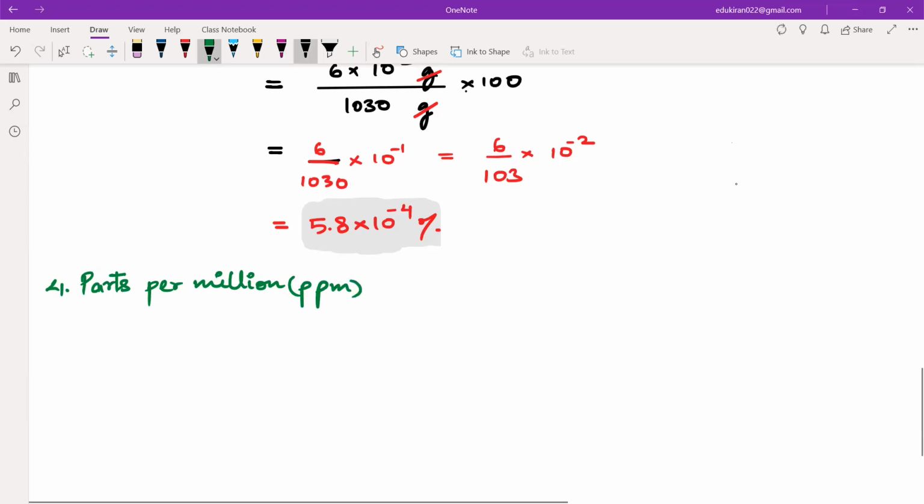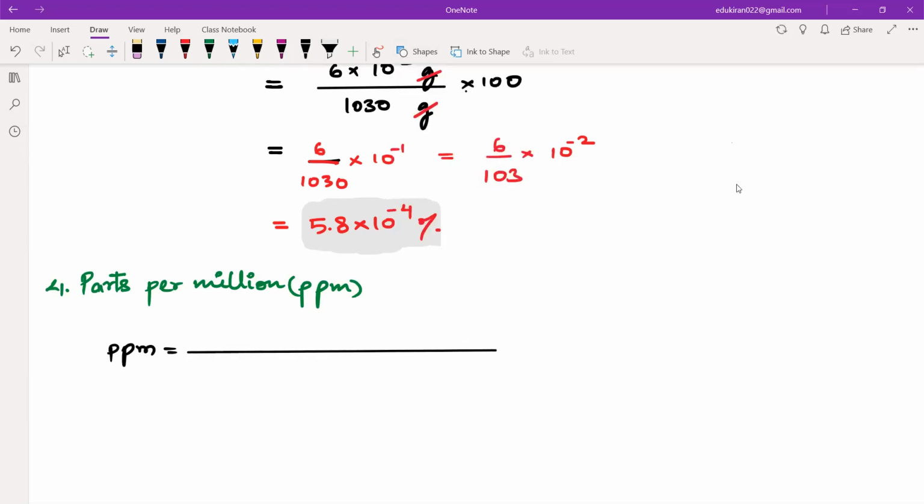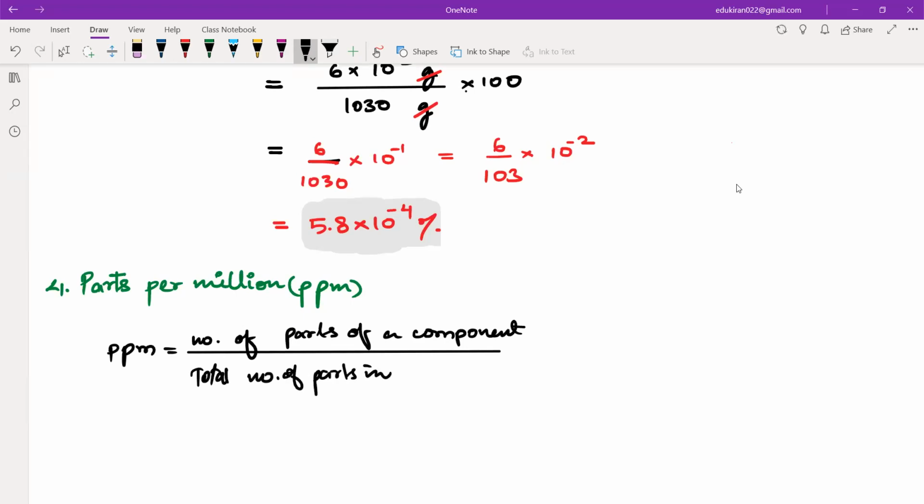Now, ppm, parts per million, is equal to number of parts of a component divided by total number of parts in solution.